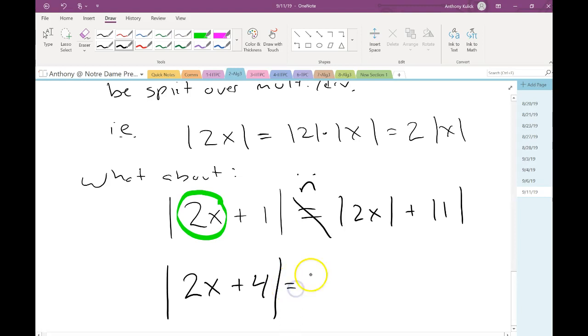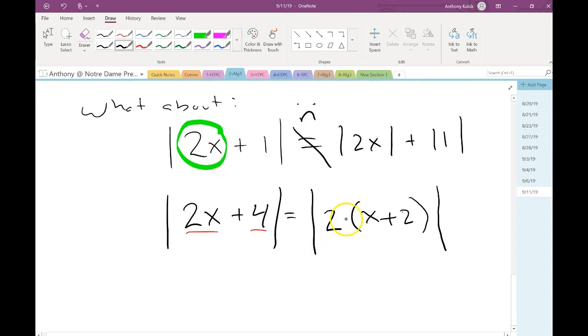I think what Annalise is getting at is that because the 2 and the 4 both have a greatest common factor of 2, I can factor that off and rewrite this as 2 absolute value of 2 times x plus 2. And now, because the multiplication is happening before the addition in the order of operations, I can split this apart and make this just 2 times the absolute value of x plus 2.